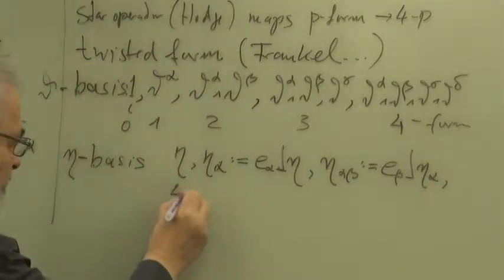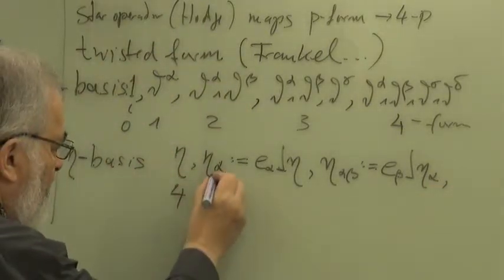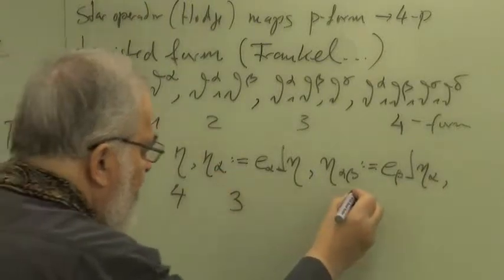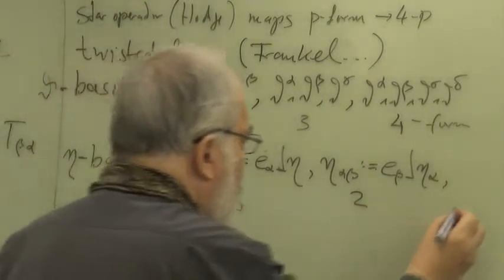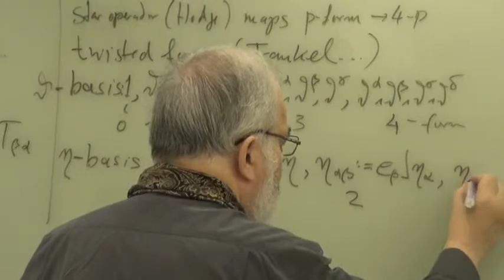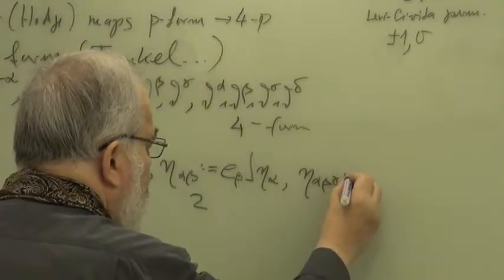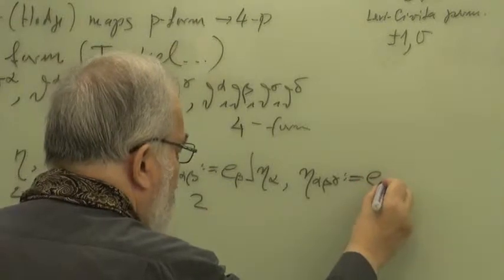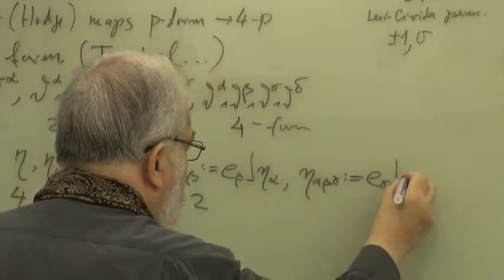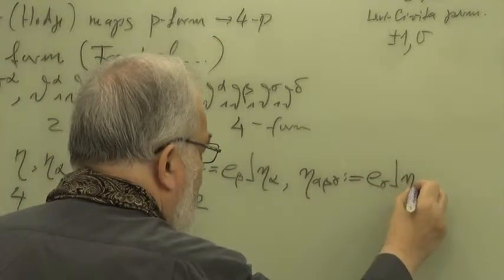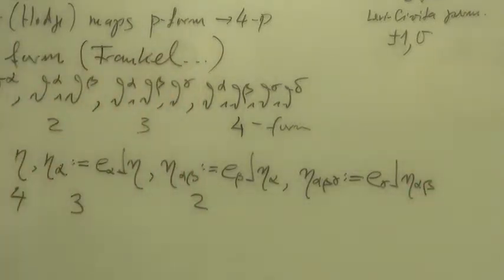So we have here a 4-form, here we have a 3-form, here we have a 2-form, now we get a 1-form, eta alpha beta gamma, by definition E gamma in eta alpha beta.